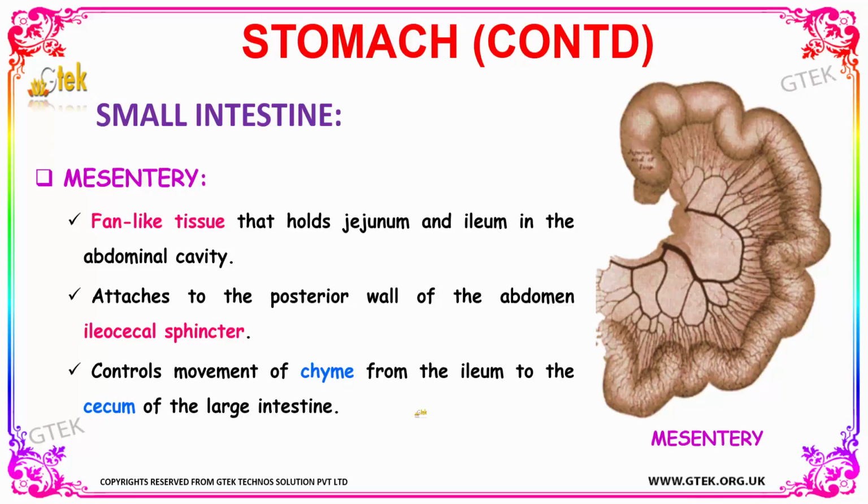So this is how your small intestine is bound together in a particular shape with the fan-like tissue known as your mesentery. Here you can see how the mesentery will look like.